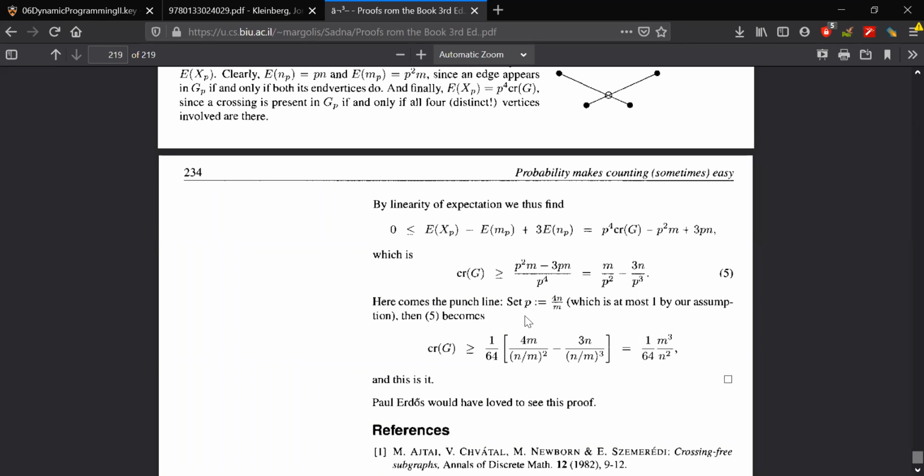If you graph this function, it has a peak at p equal to 4.5 n over m, and then it reduces, basically looking like a bell curve.